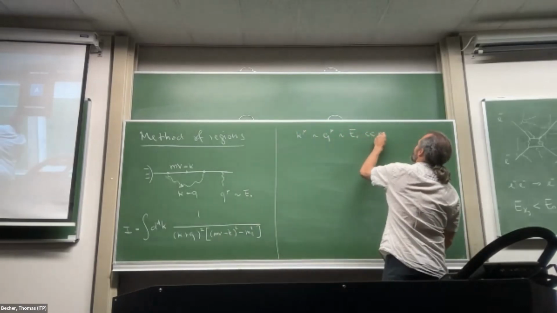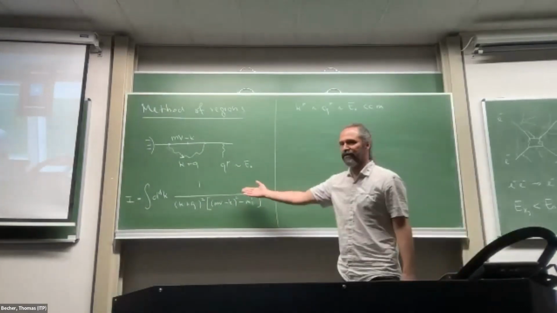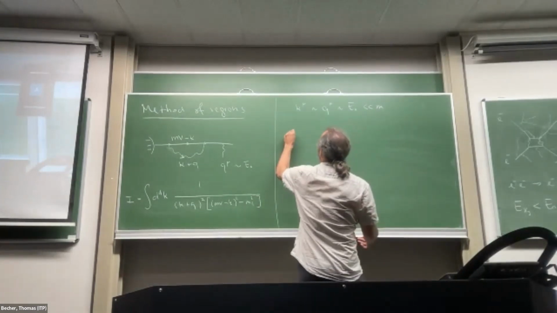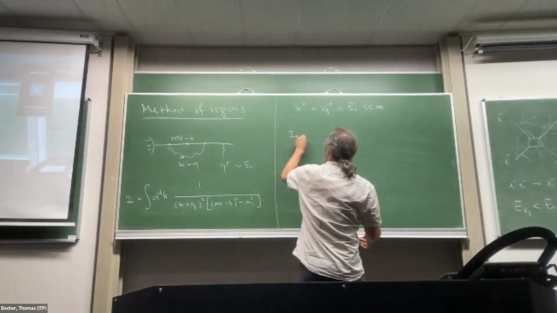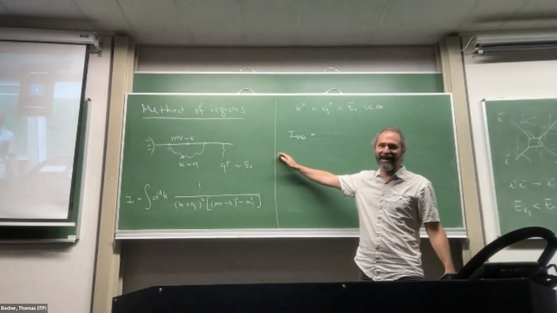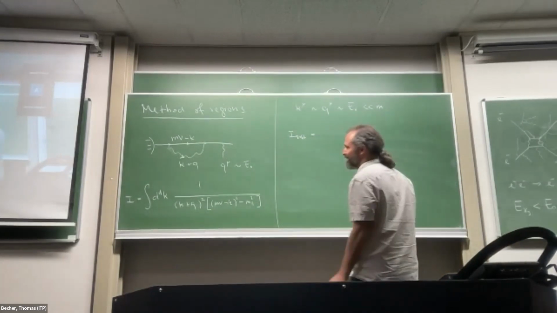And this is much, much smaller than the electron mass. And now I'll expand. Since I'm a bit bold, I should maybe no longer call this I after the expansion, because it will no longer be true that it is equal to I.